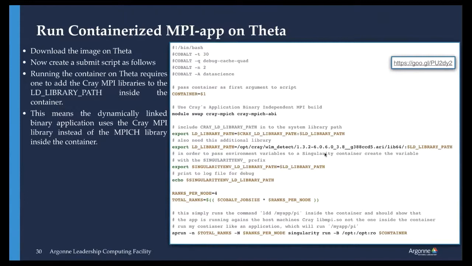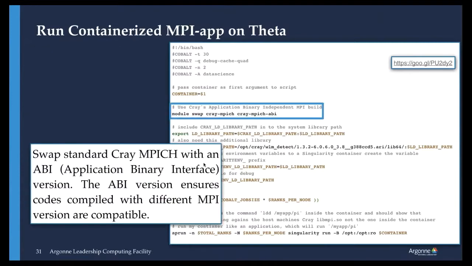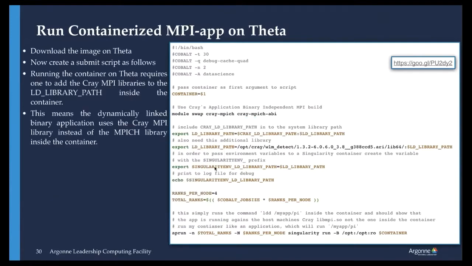We also need this additional library, which I won't talk about, but it's required for the MPI. And then in order to get the LD_LIBRARY_PATH that we have now in this external environment into our Singularity environment, we export SINGULARITYENV_LD_LIBRARY_PATH and set it to our current LD_LIBRARY_PATH.